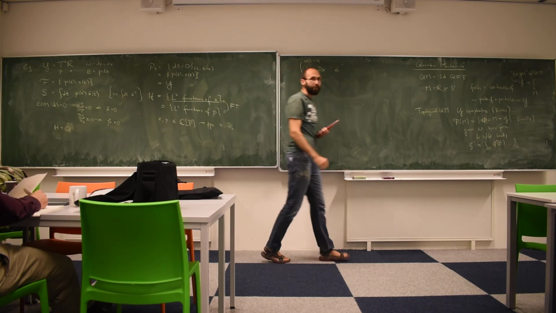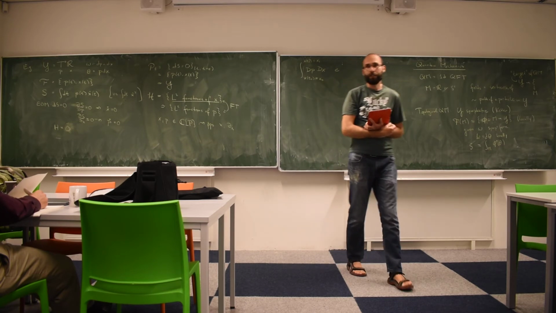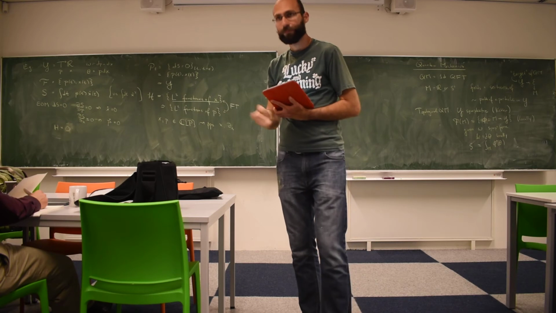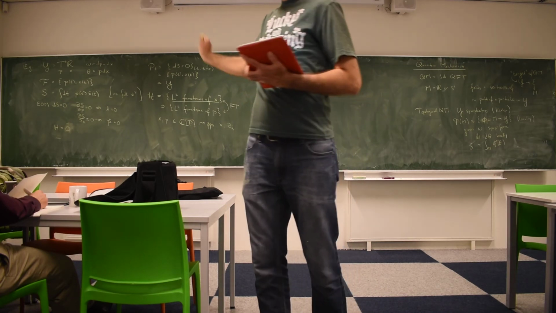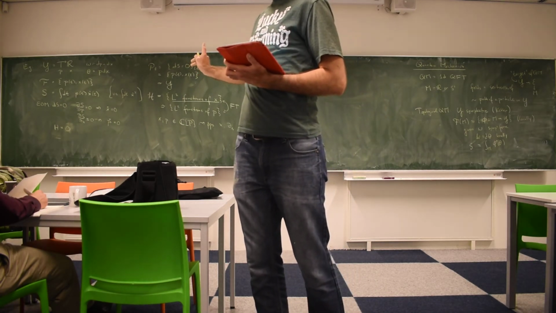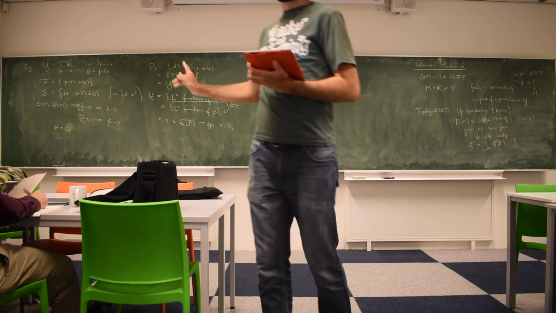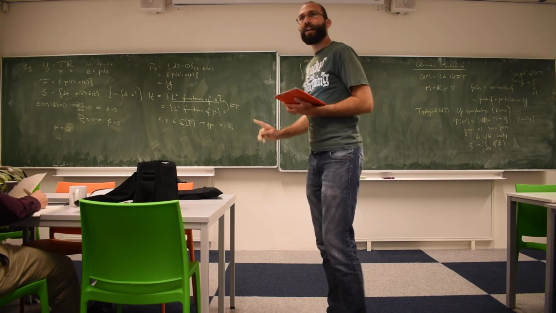Can I ask you a question about that Hilbert space? What you wrote down earlier was the Hilbert space was supposed to be a holomorphic section of a bundle. Yes. So I cheated. I did not do that here. One could do that here.